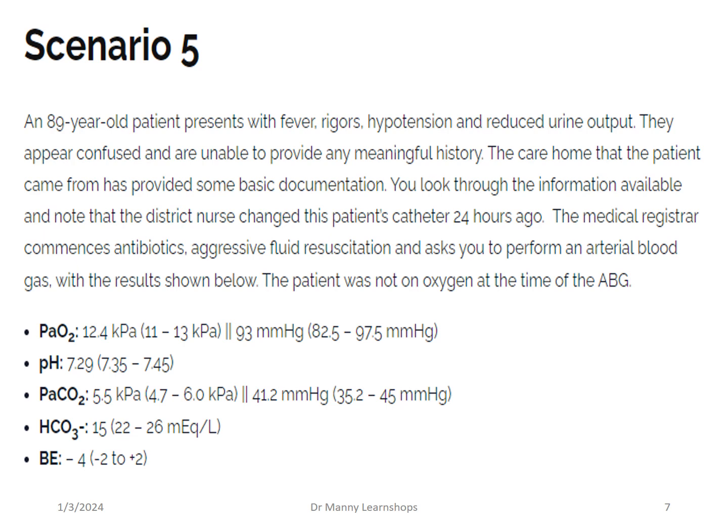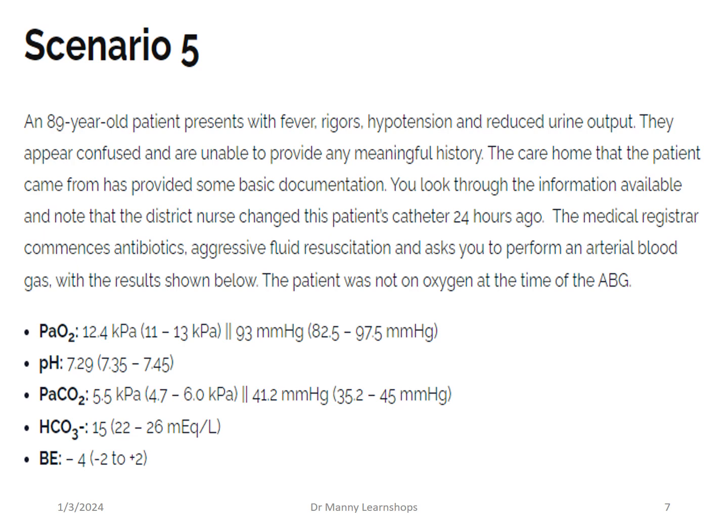The care home that the patient came from has provided some basic documentation. You look through the information available and note that the district nurse changed this patient's catheter 24 hours ago. The medical registrar commences prophylactic antibiotics, provides aggressive fluid resuscitation, and asks you to perform an arterial blood gas. And the results are shown below.